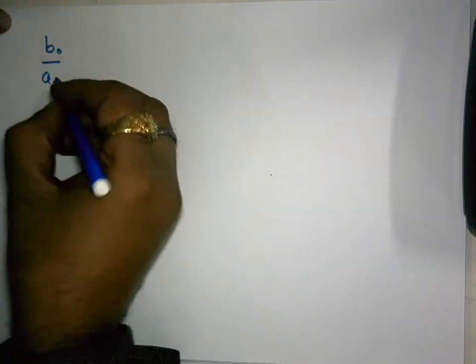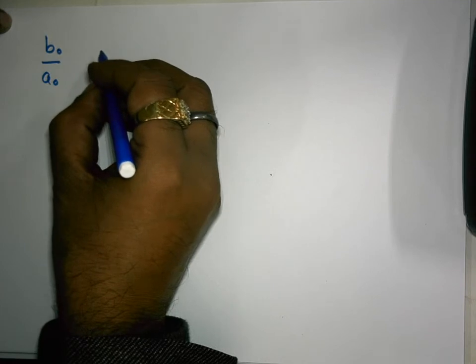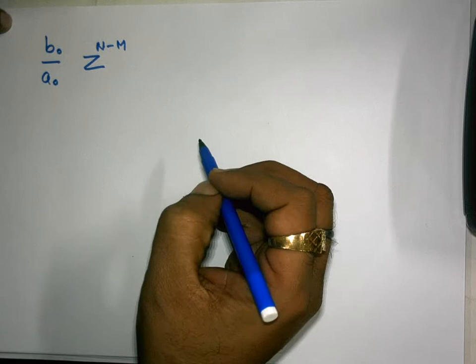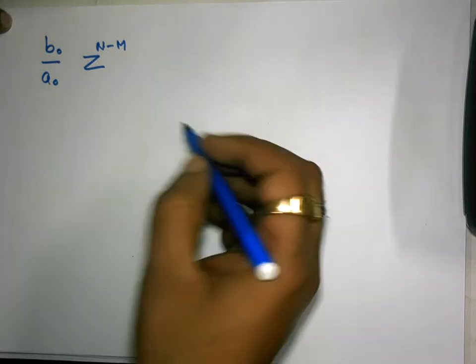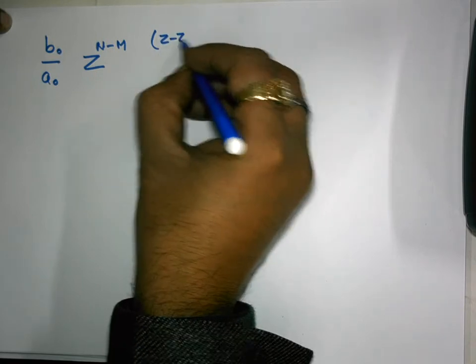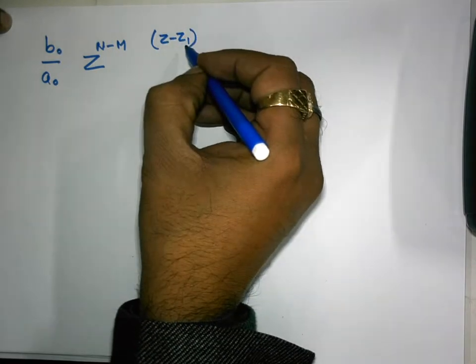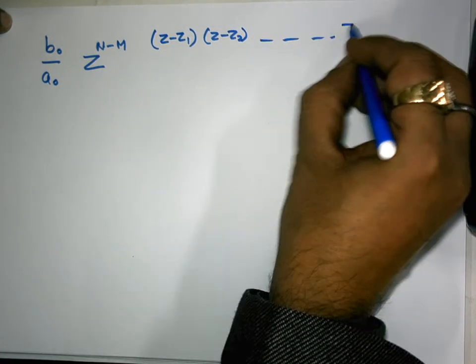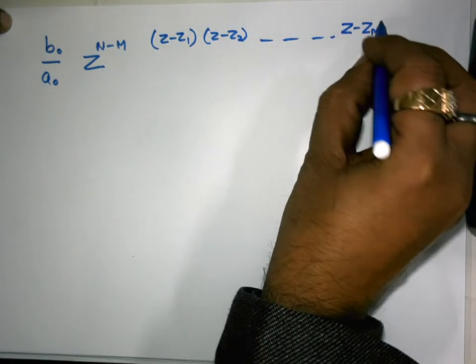This will be b0 over a0 and z to the power n minus m. Okay. Z to the power n minus m, and then z minus z1, the very first root, z minus z2, and going this way up to z minus zm.